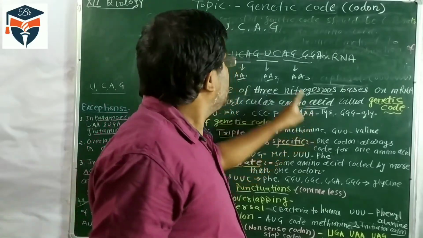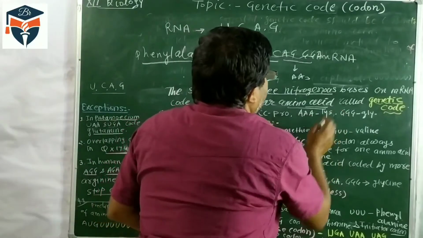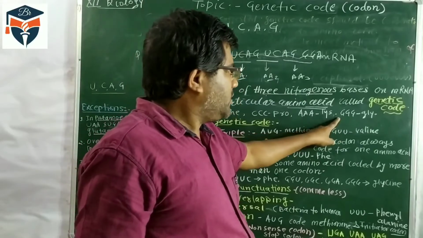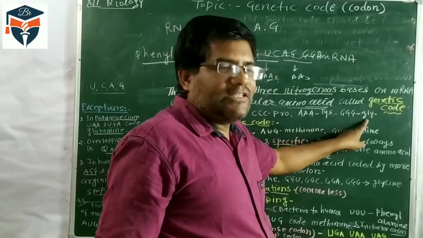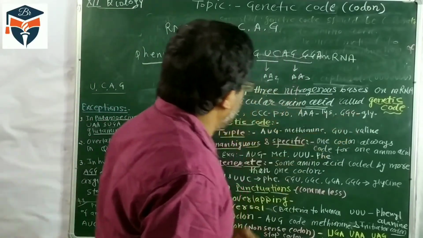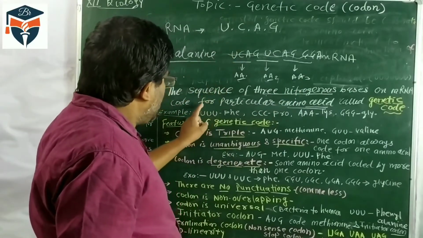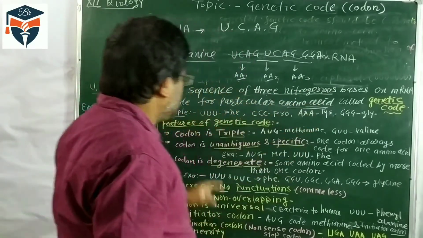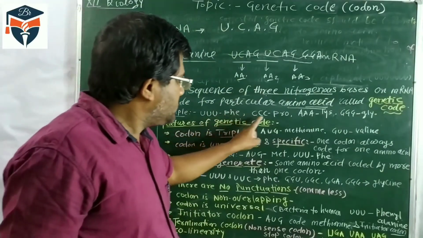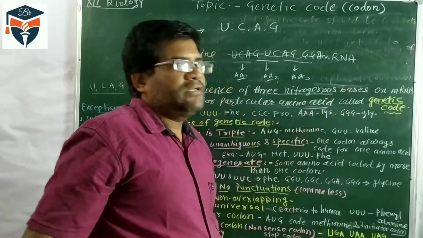A synthesizes lysine. And G, the 3 nitrogenous bases, synthesize the glycine amino acid. So these 3 sequences of nitrogenous bases arrange on the mRNA molecule and synthesize the particular amino acid. Suppose U synthesizes phenylalanine, C proline, A lysine, and G glycine.